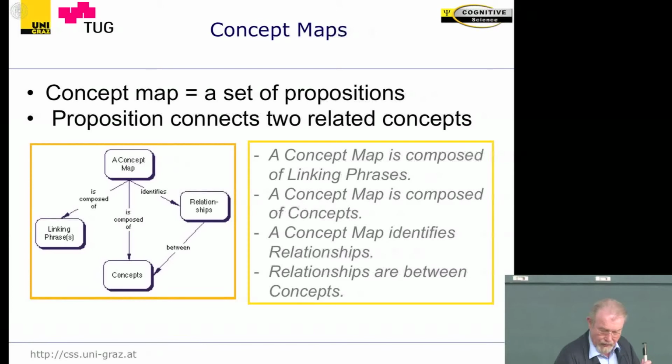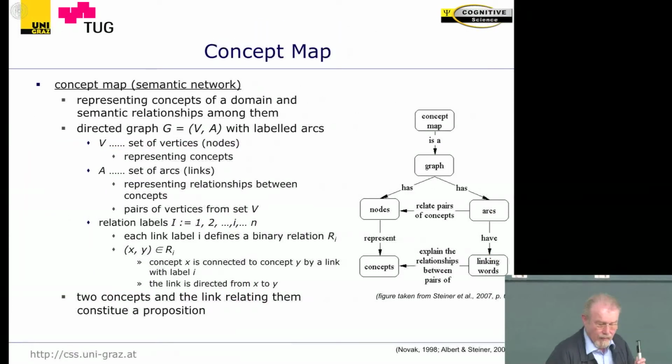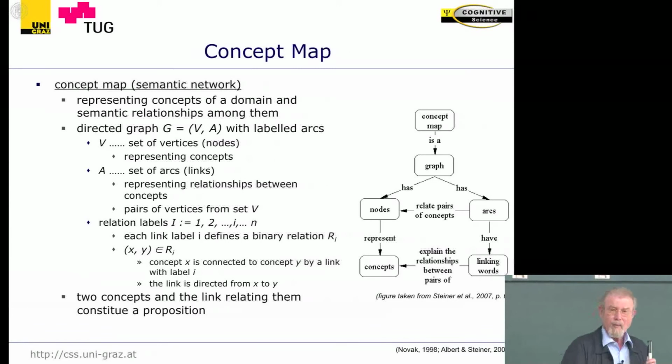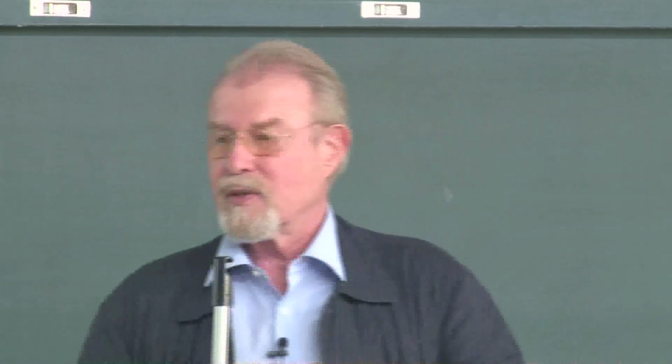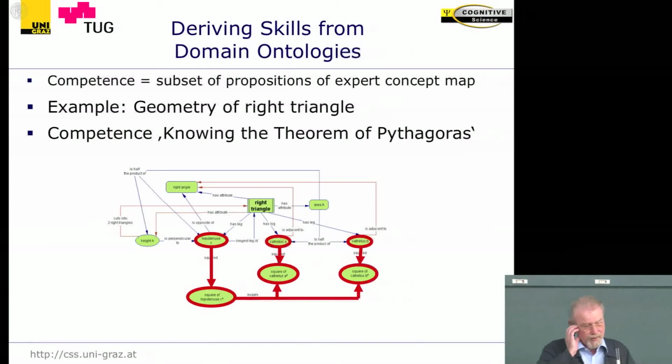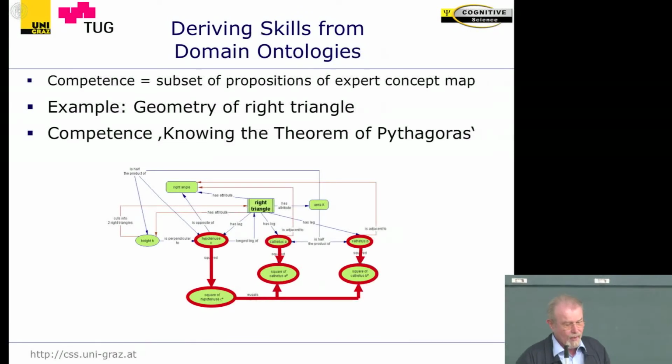Those of you who are master students have already this more elaborated definition of concept map. In any case, the question is, if you have these concept maps, what are the advantages and what can you do with them in order to solve our problem of how to generate the structures? And in our example of geometry of the right triangle, we have here the concept map for the whole domain.